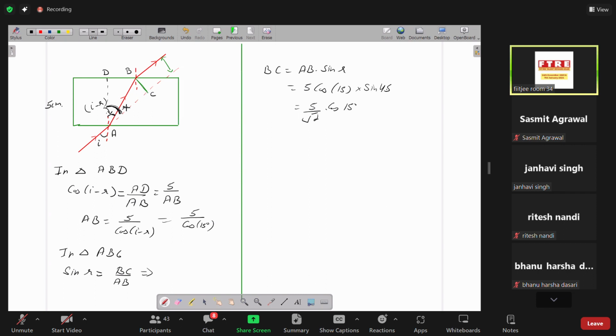The dotted line is extended because we have to find out the lateral shift, how much the path of the light is being shifted. This is what we are calculating. No, that's what I'm saying, I've taken it wrong. So I'm correcting it now. Okay.